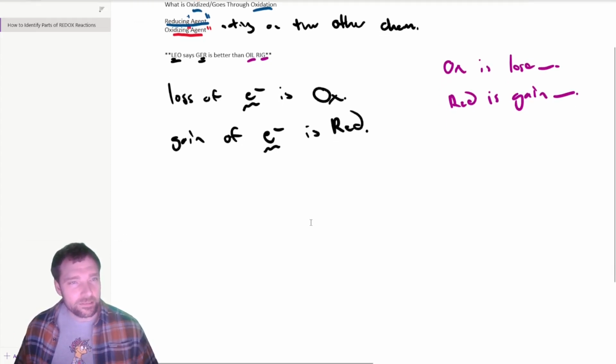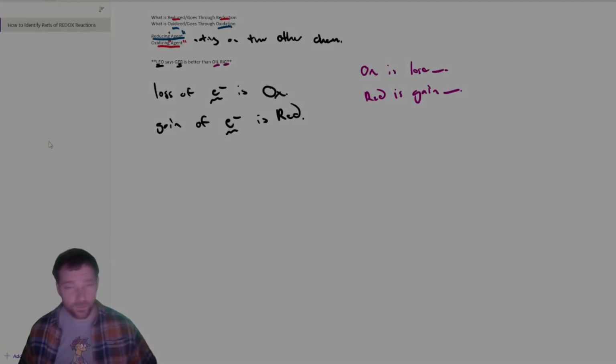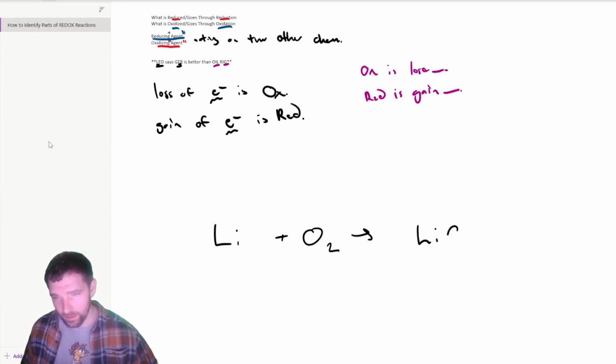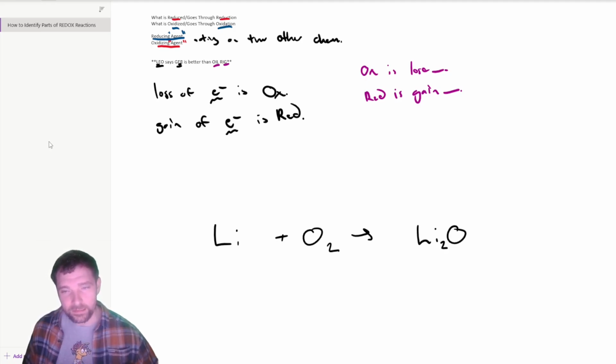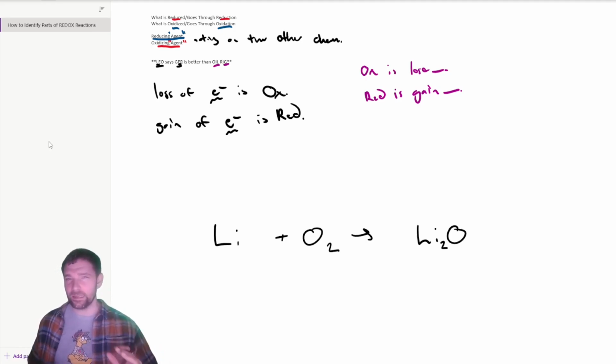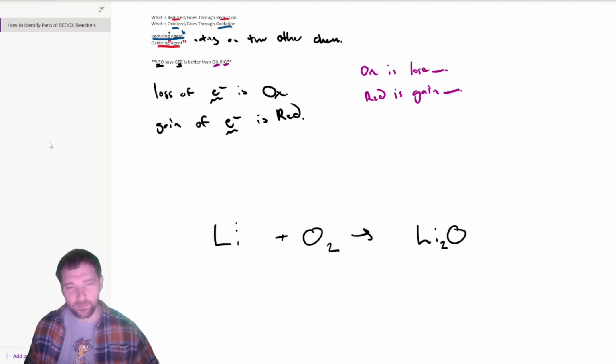If we look at an example reaction, we could be talking about lithium and oxygen reacting to form lithium oxide. Lithium will typically have a +1 charge, which is like oxidation numbers. If you need clarification on oxidation numbers, I have a whole separate video on that.